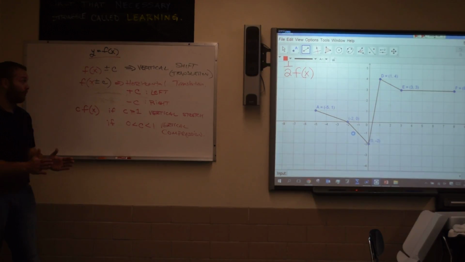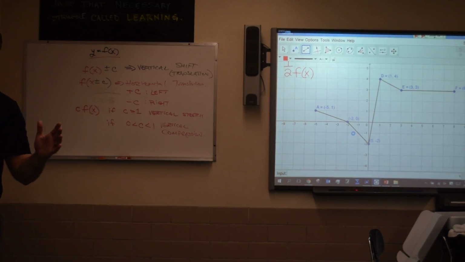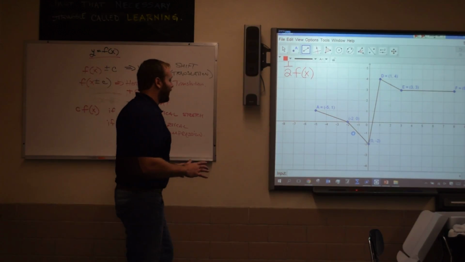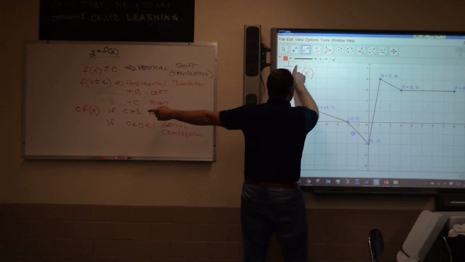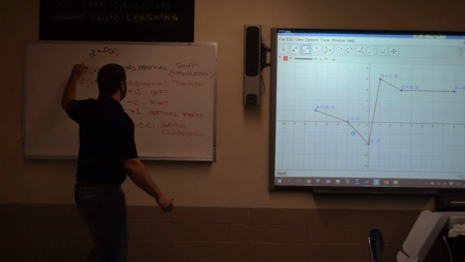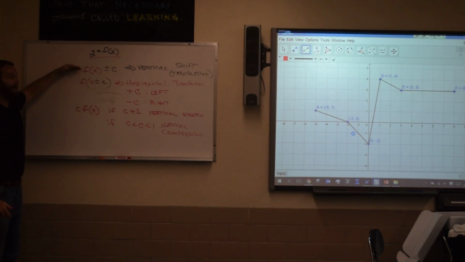So we should be able to have horizontal stretches and horizontal compressions. And I'm going to write down what it looks like. If you think about how the relationships existed here, a vertical is adding to the y's, and a horizontal was adding or subtracting to the x's, right? So here, a vertical stretch was multiplying the y's. What are we going to multiply now?